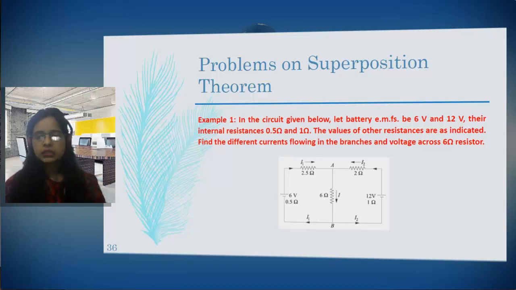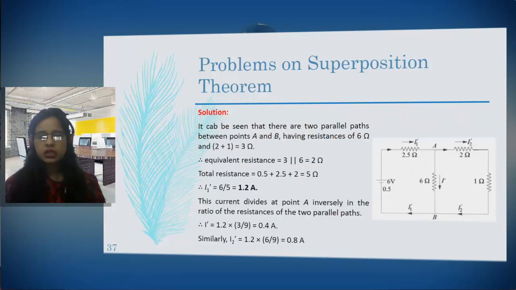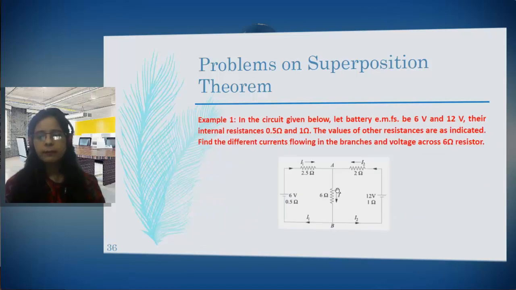In this problem there are two voltage sources, one of 6 volt and the other of 12 volt, having internal resistances of 0.5 and 1 ohm respectively. So in the first step, we will remove the 12 volt battery.